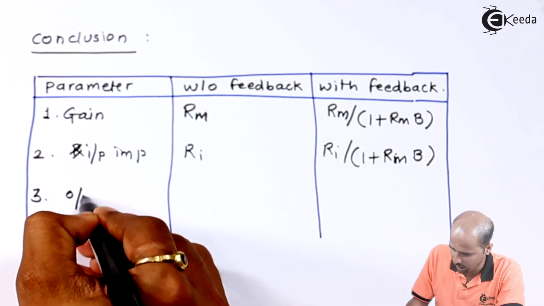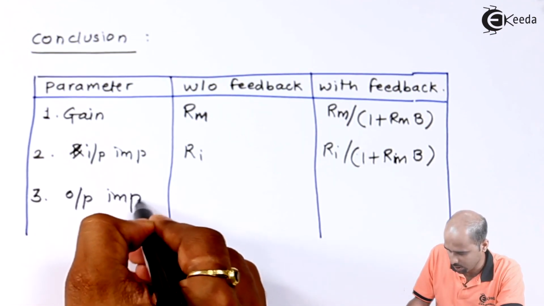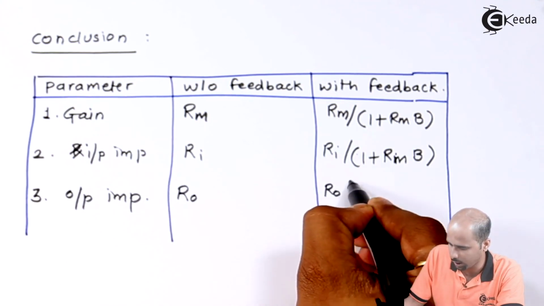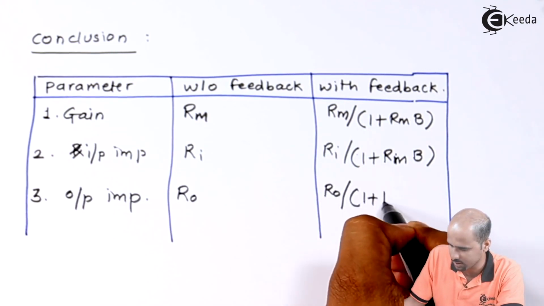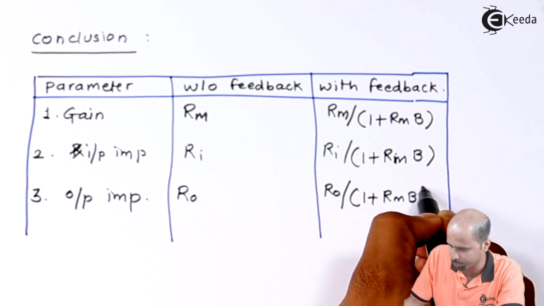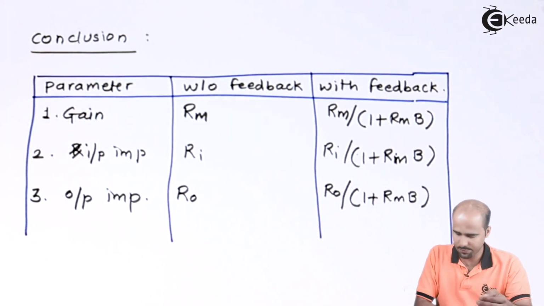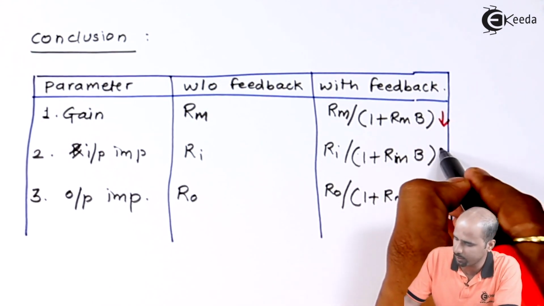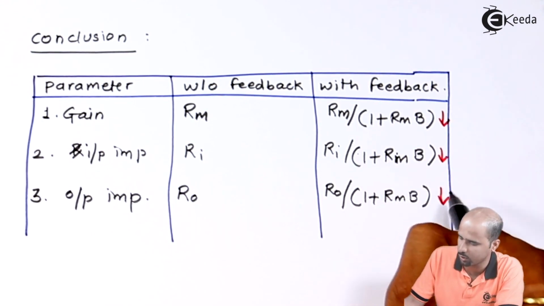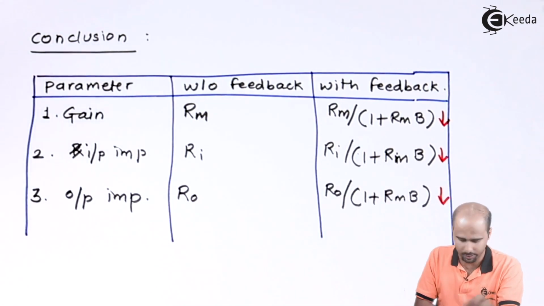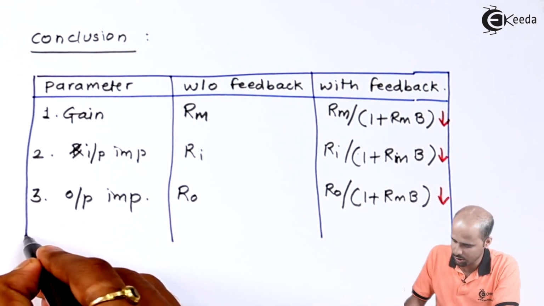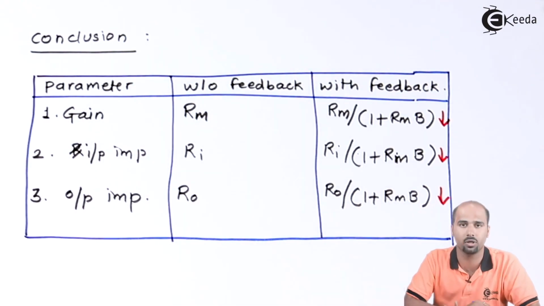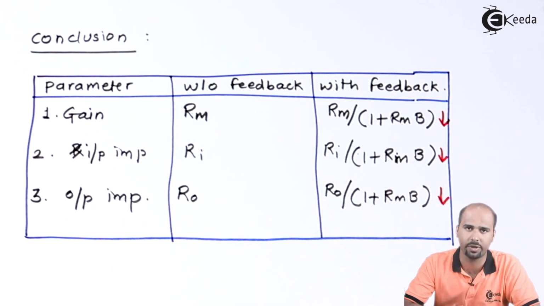Third is output impedance: Ro without feedback, and Ro divided by 1 plus Rm into B with feedback. So for all three parameters we get a decrement in the output resistance, input resistance, and gain of the voltage shunt negative feedback amplifier.